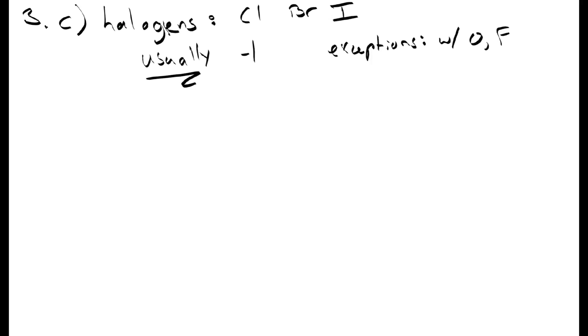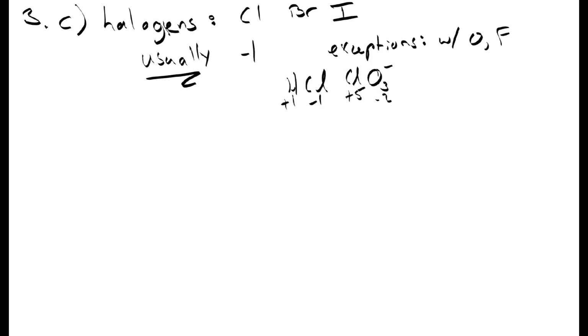So, for example, HCl, chlorine is -1. Hydrogen is +1. ClO3 1-, the chlorate anion, oxygen is -2. Chlorine is +5. We'll be getting into how I work this out later.